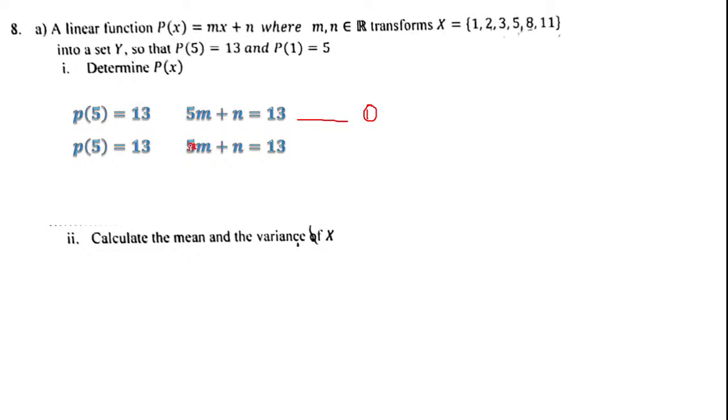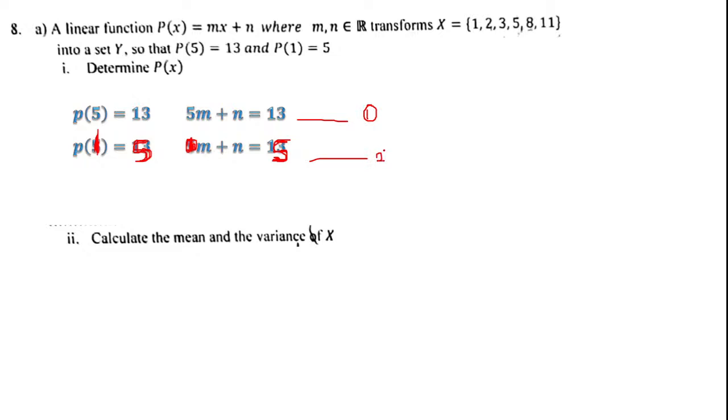We equally know that p of 1 is equal to 5. So this gives me m plus n equal to 5, which is equation 2.